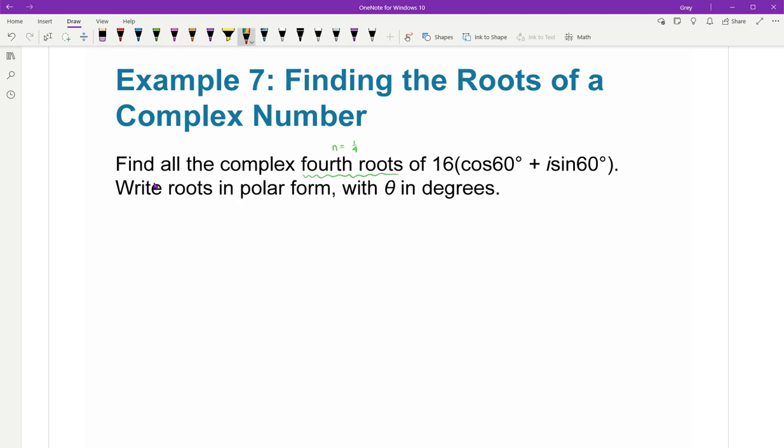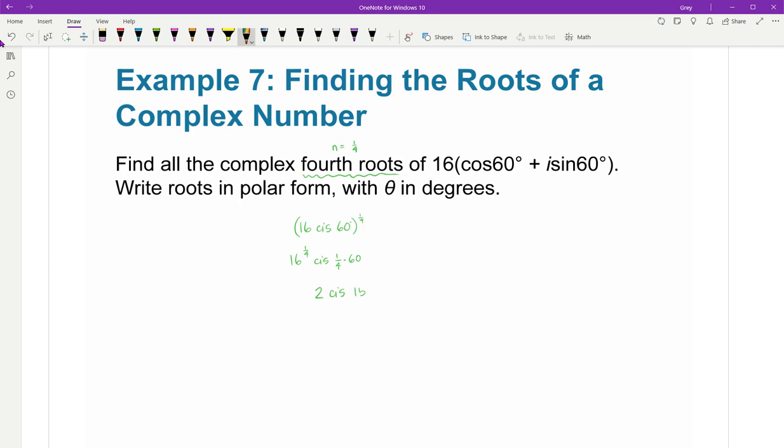So that means this complex number of 16 cosine 60 plus i sine 60 is just 16 cis 60 raised to the 1/4. So if you apply DeMoivre's theorem that we just did, that means that's 16 to the 1/4 cis 1/4 times 60. And that gives me 2 cis 15.